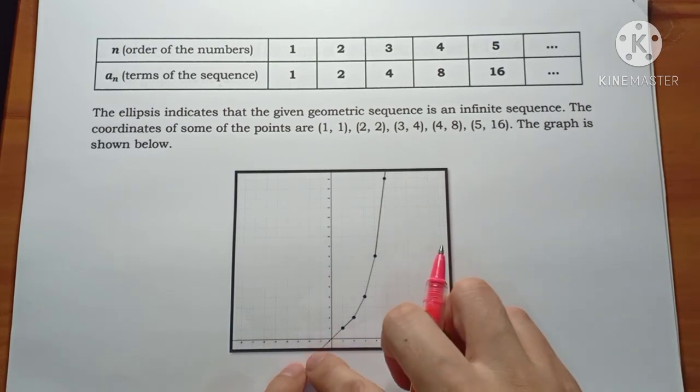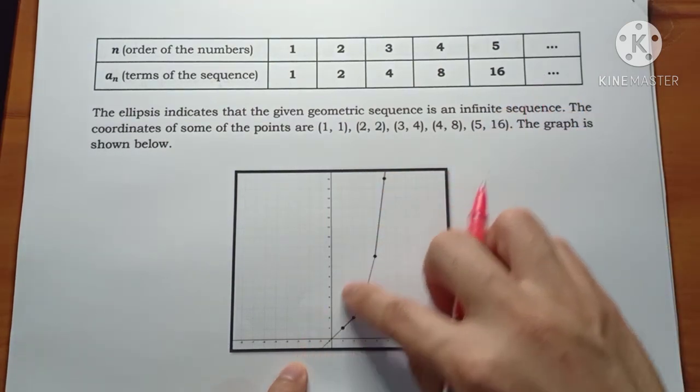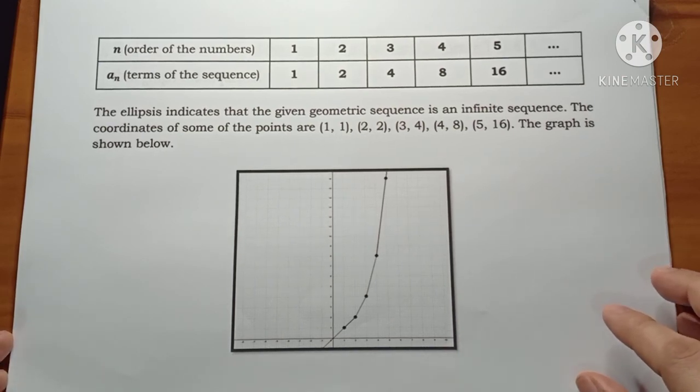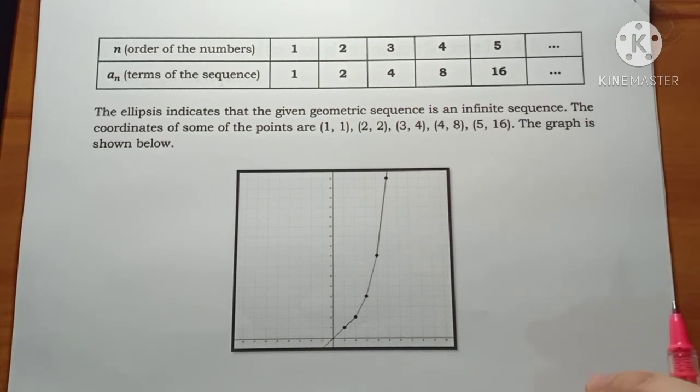So, mapansin natin siyang curve. So, ang curve natin na yan ay tinatawag natin na exponential curve. Ganun lang. Yan ang kaibahan ng geometric at arithmetic sequence. Okay, punta na tayo sa ating let's practice.